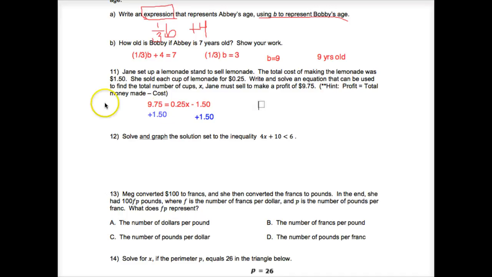So then on the left side, 975 plus 150 is going to give me 1125, and that's going to be equal to 0.25x. So final step then is to divide both sides by 0.25, which gives me x equals 45. So 45 cups is the answer there.